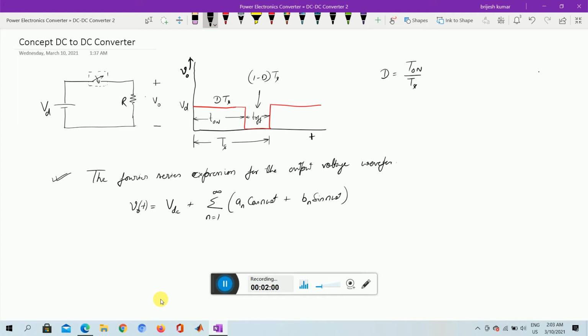This is the Fourier series expression. We are taking it in terms of t here, and we can write it in terms of theta also. If we write in terms of theta, there is not much difference. The expression of n will be the same, 1 to infinity an cos n theta, where the variable is now theta instead of omega t, plus bn sin n theta.